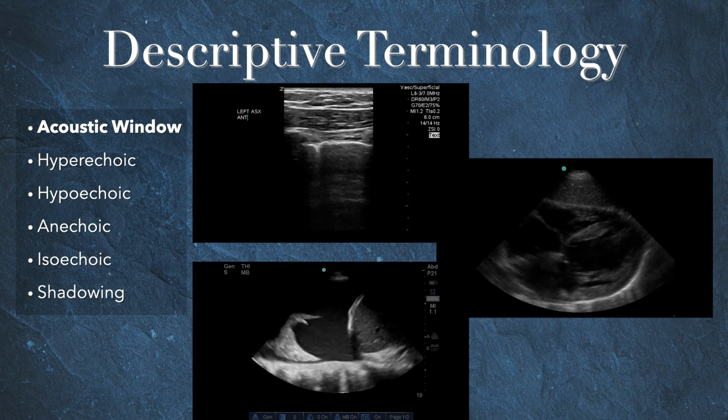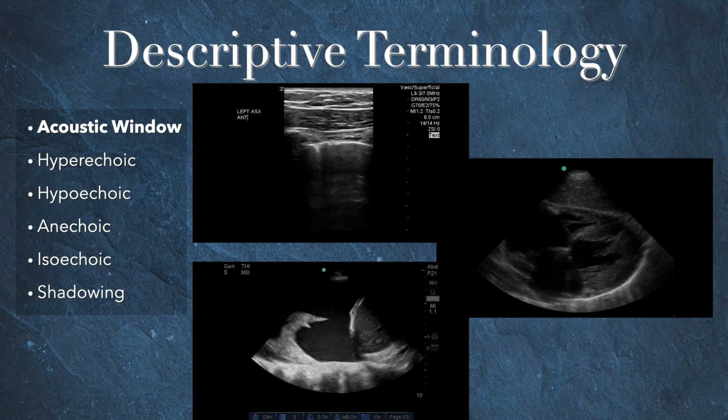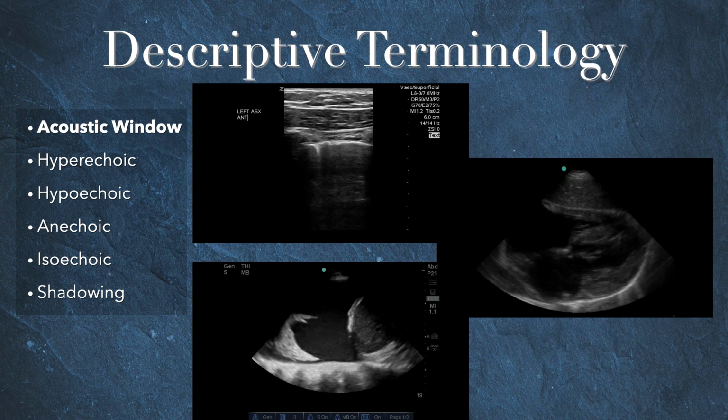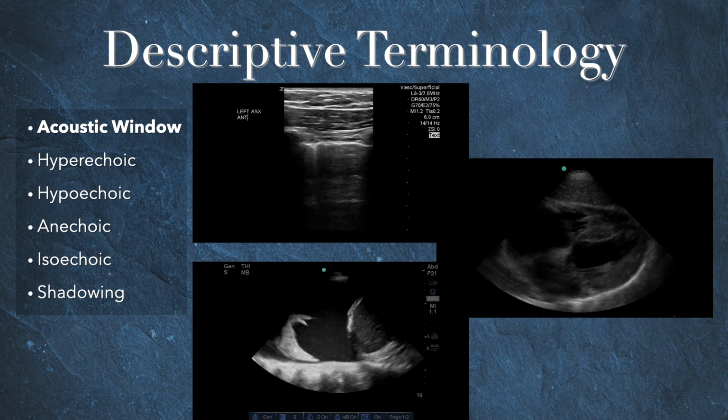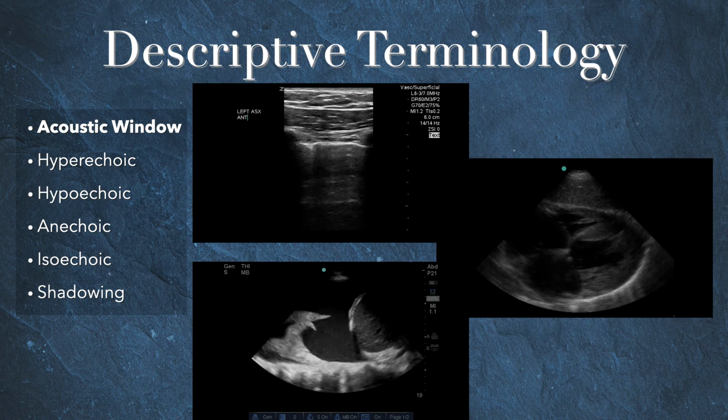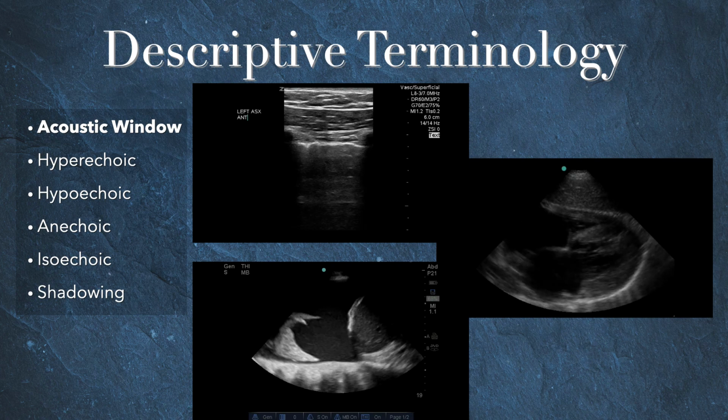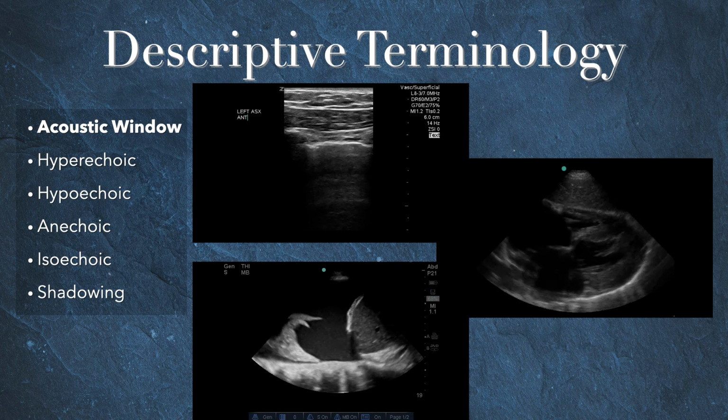For the image on the right, there's a subxiphoid view of the heart, and the liver ends up being your acoustic window here. On the bottom left is the right upper quadrant view of the FAST exam, and your best acoustic window is actually the patient's pleural effusion, which is an anatomic area that is bathing the dense atelectatic lung.